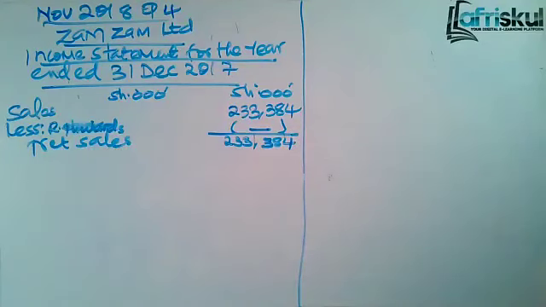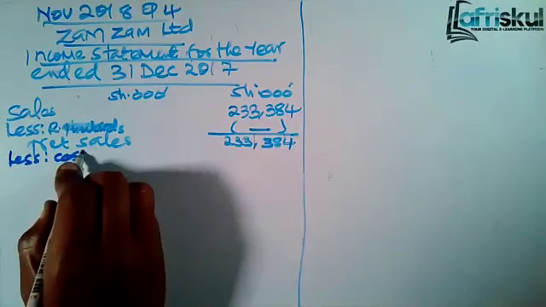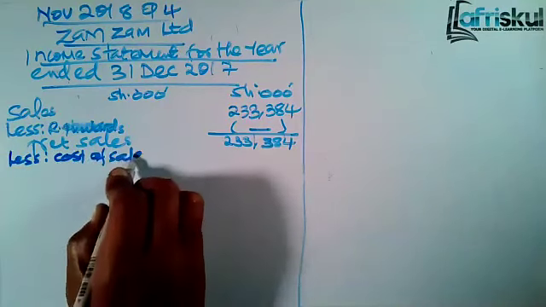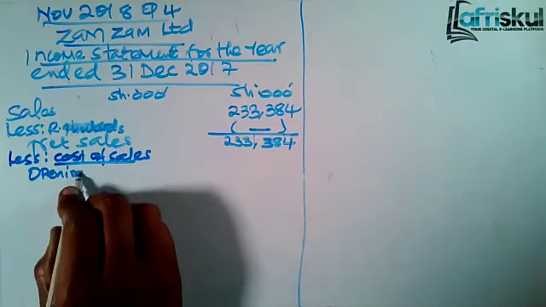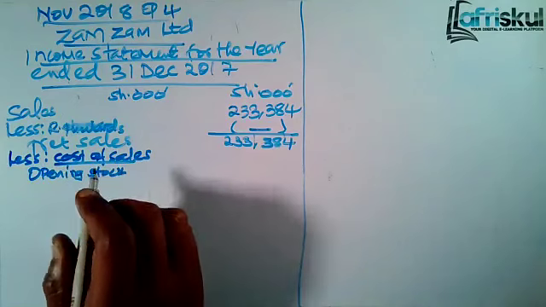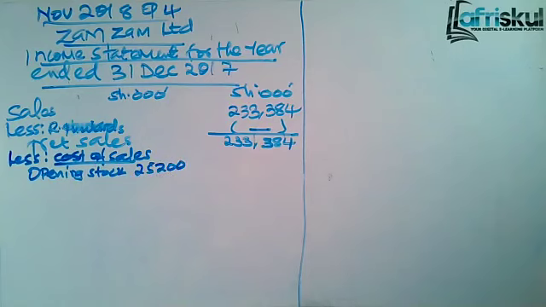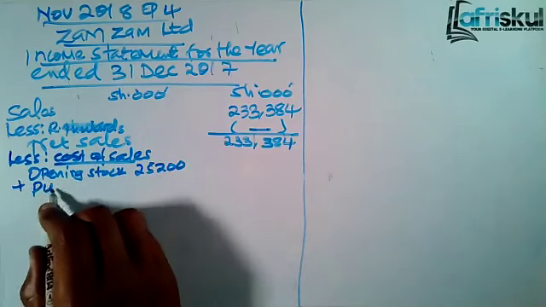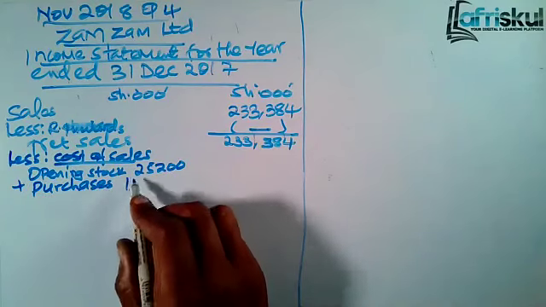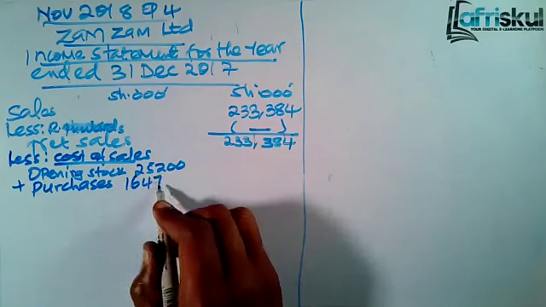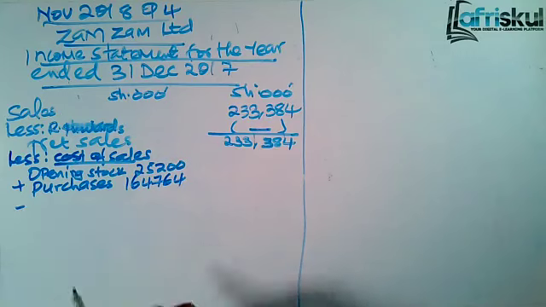So from there, I will less the cost of sales, which we have the opening stock, and our opening stock is 25,200. We add the purchases. When I check on the trial balance, our purchases is 164,764. In our case, we don't have the carriage inwards.